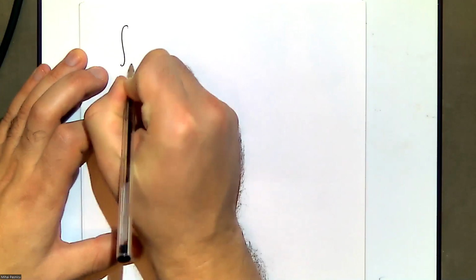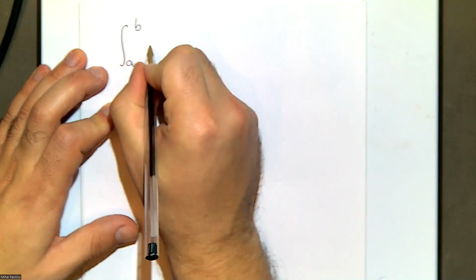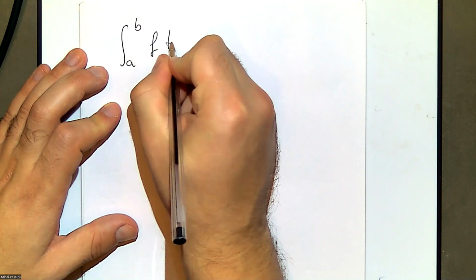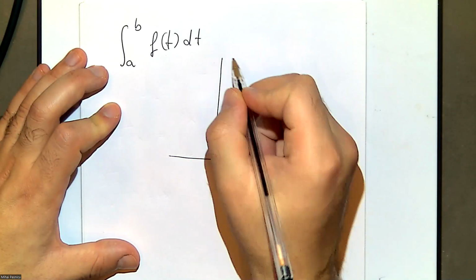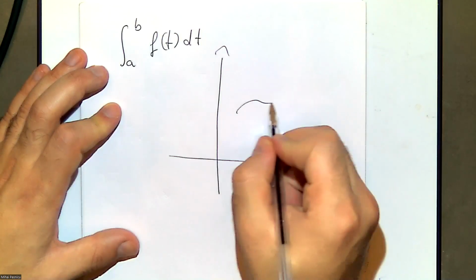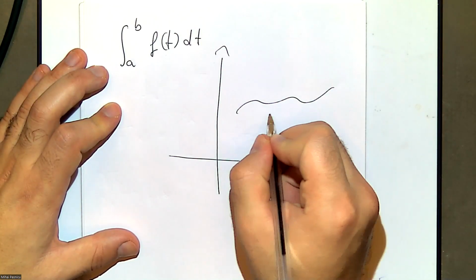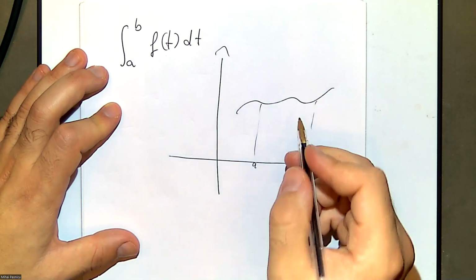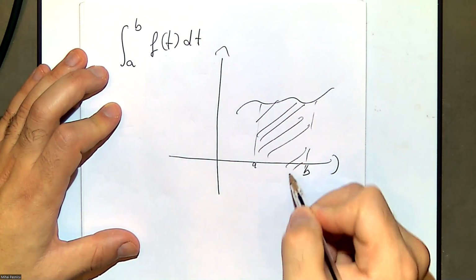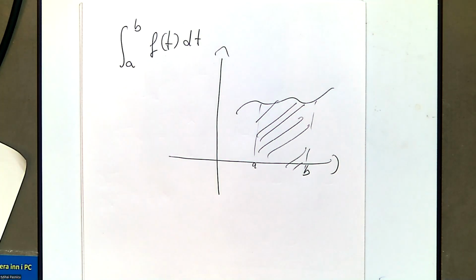I said that the integral from a to b of f of t dt, if this is your graph, and this is a, this is b, then this integral is just equal to the area under the graph. That's how I think I introduced definite integrals.